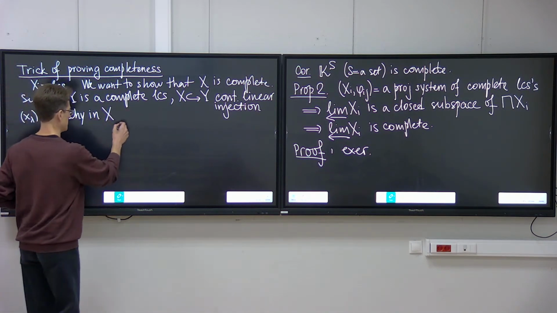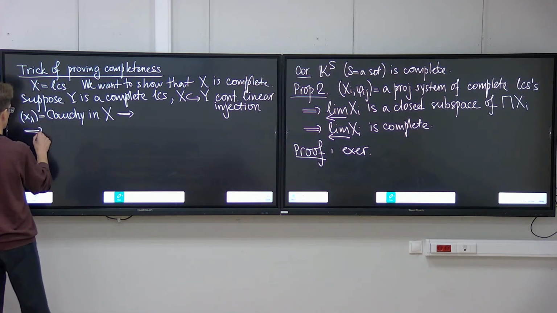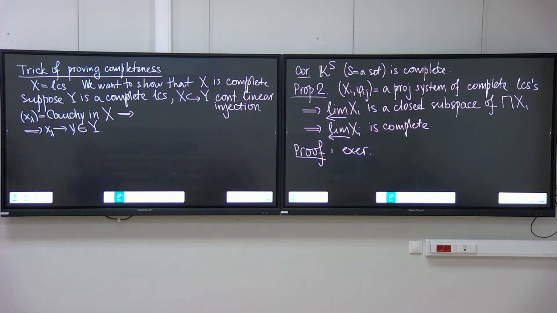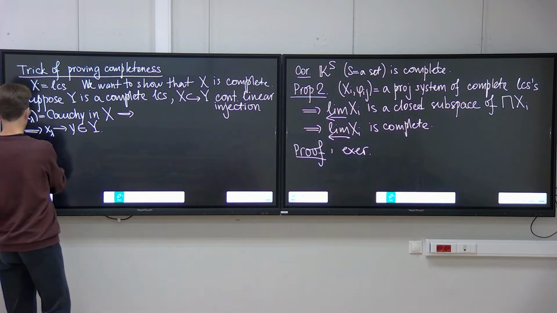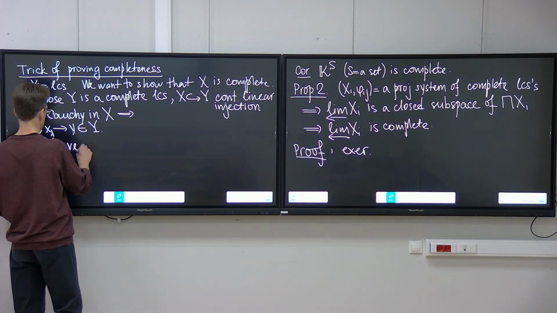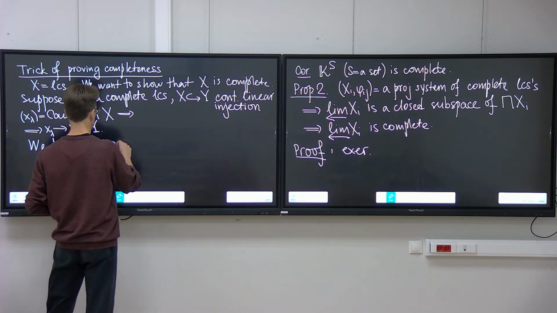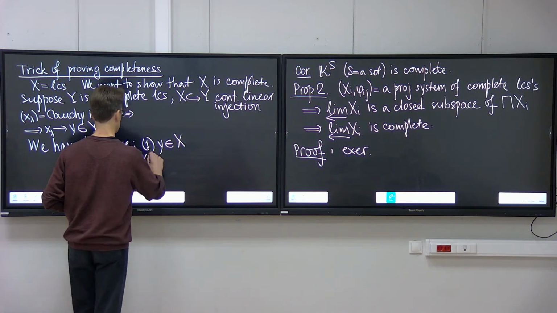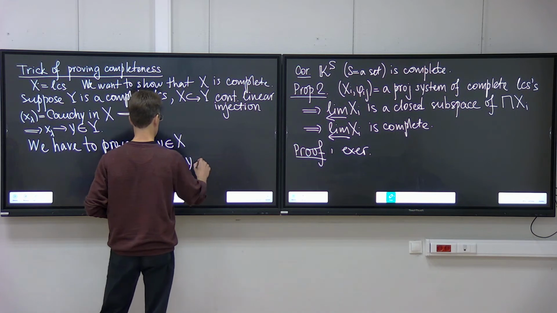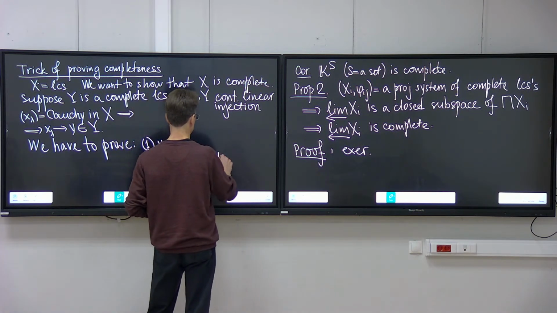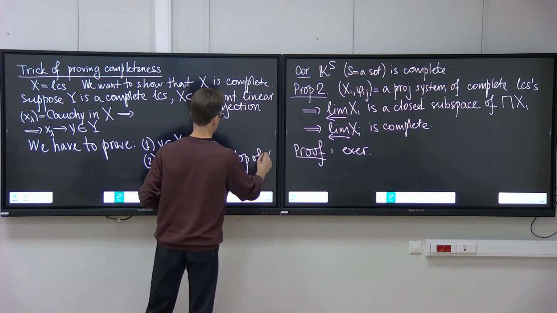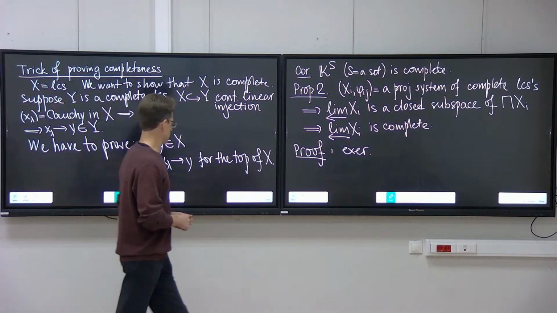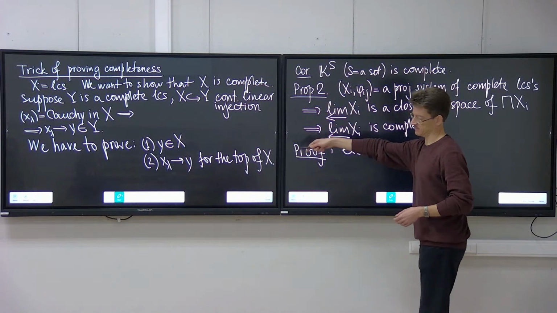So this implies that x_lambda converges to some point y in Y. And now to complete the proof, we have to show that, first of all, this little y actually belongs to X, and second, that x_lambda converges to y for the topology of X, which is in general finer than the topology induced from Y. But this is a rather general setting.